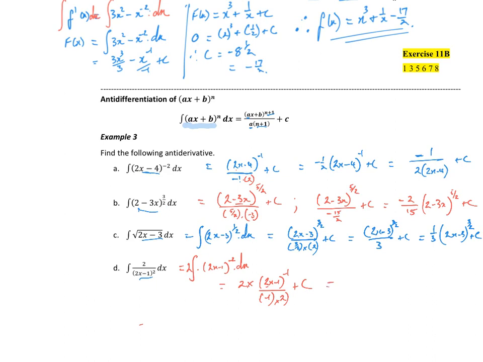We can see that the 2 and that 2 cancel. So I'm going to have negative 2x minus 1 to the negative 1, typically negative 1 over 2x minus 1, plus c. That's that nice little rule.